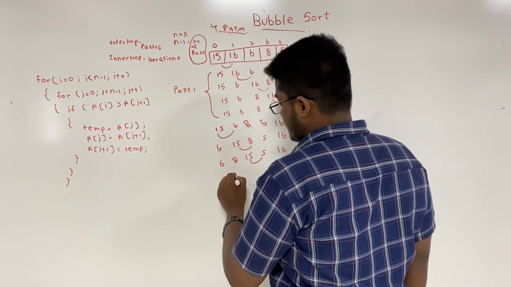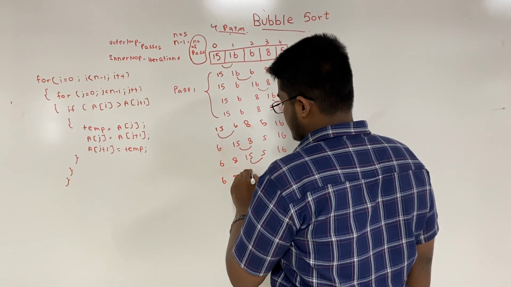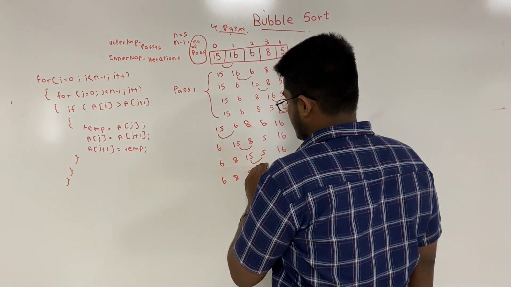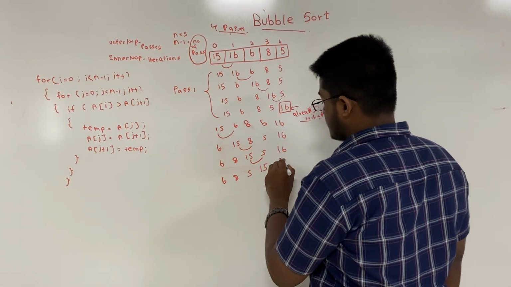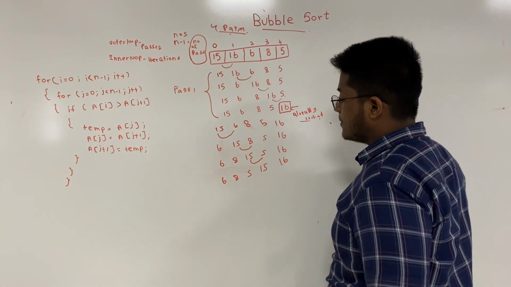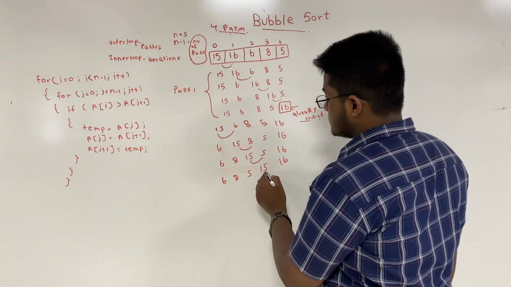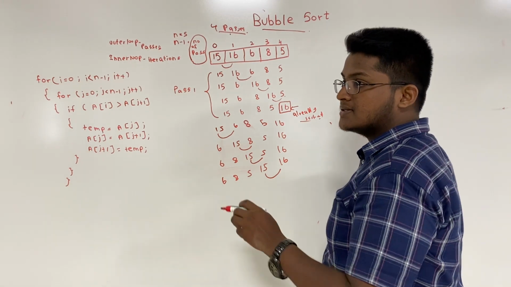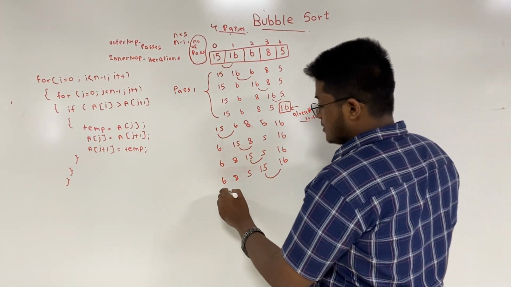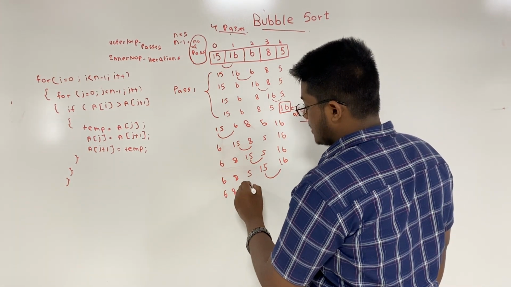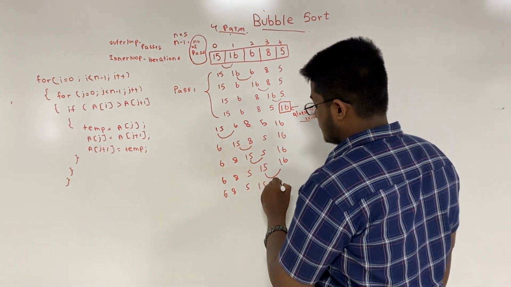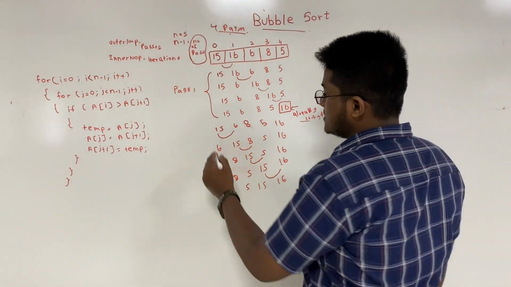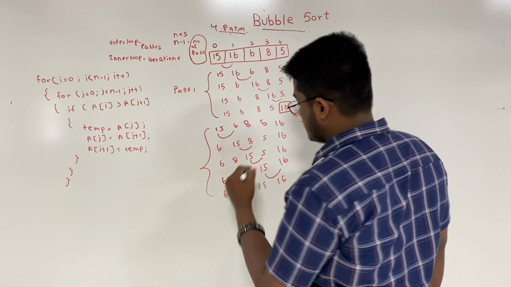Again we swap. Now we are checking this one: is 15 greater than 16? No. Now we write the same. So this is the second pass.